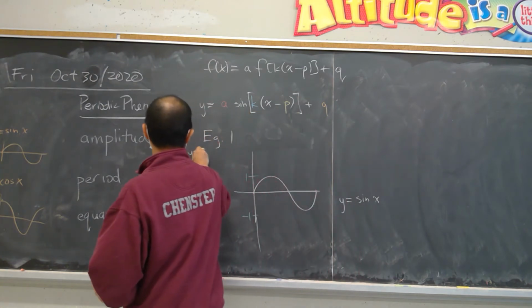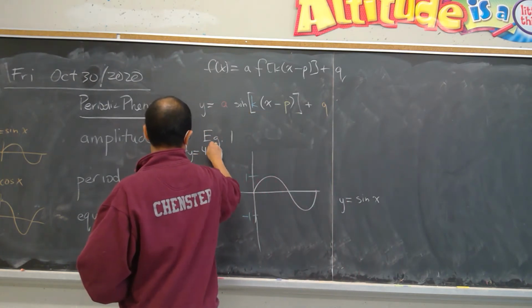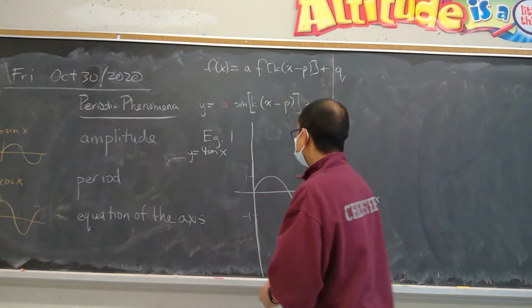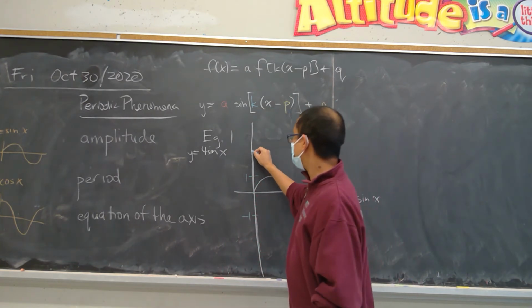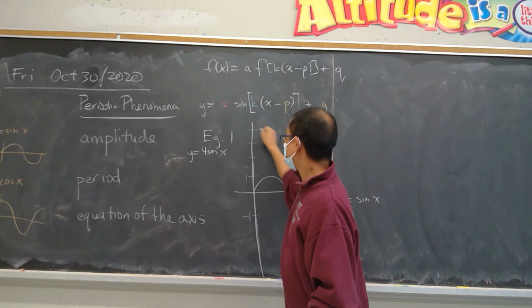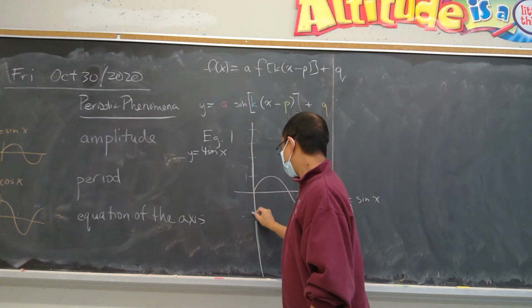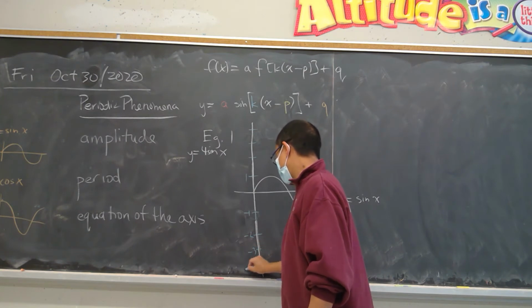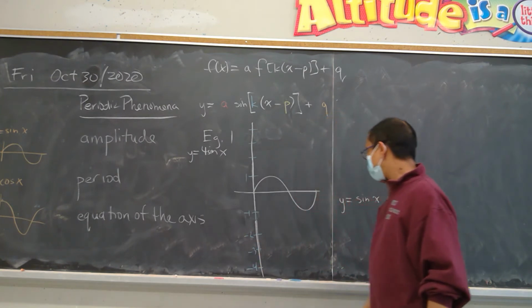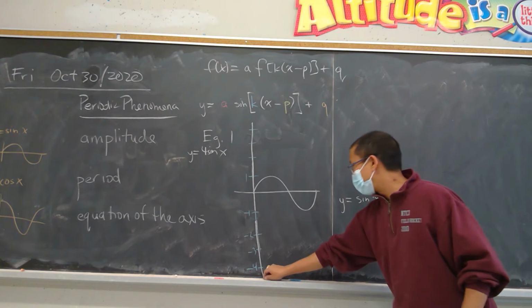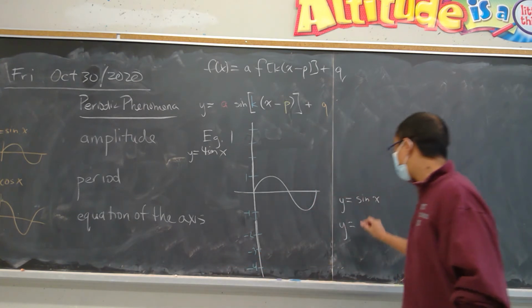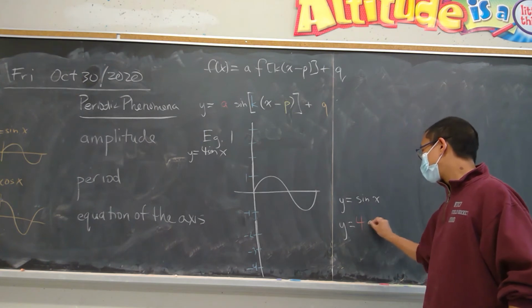I'll put it over here. Kind of use small numbers. So for this graph, y equals 4 sine of x.